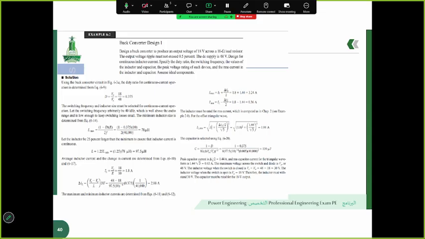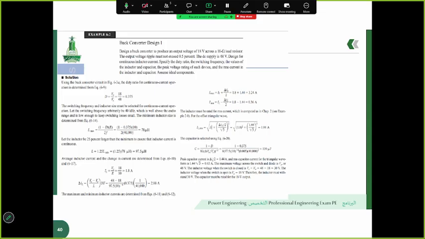A switching frequency of 40 kilohertz is chosen, which is sufficiently high to avoid audible noise and allows for practical component sizing. Based on CCM requirements, the minimum inductance is calculated as 78 microhenry to ensure reliable continuous current operation and provide a safety margin. The inductance is increased by 25%, resulting in a selected value of 97.5 microhenry.